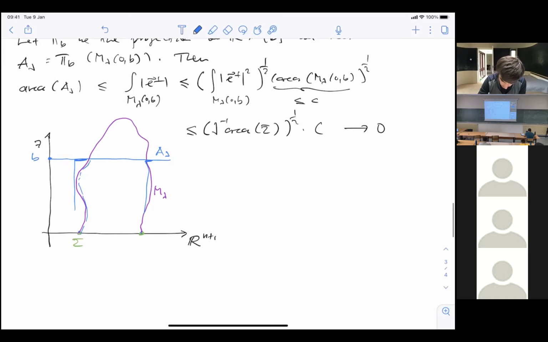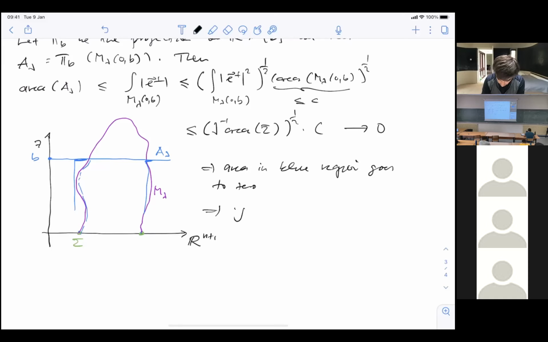Now what do we get from this? Remember, we're counting this projection with orientation. We have that the area in the blue region, which I shaded here, goes to 0. So what do we get?